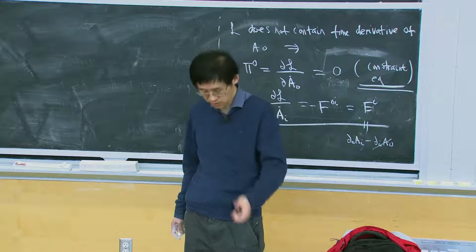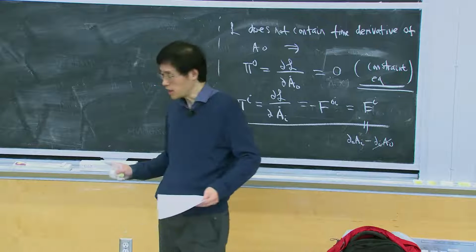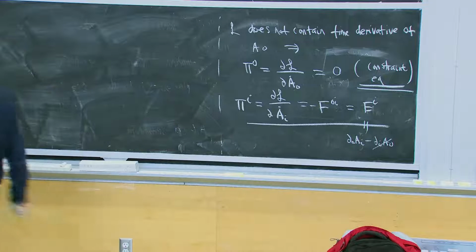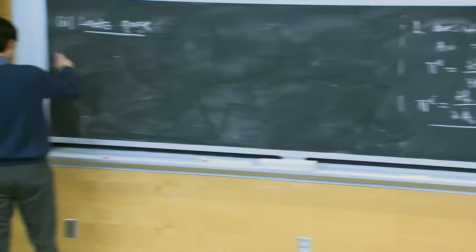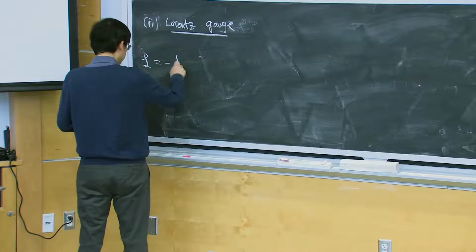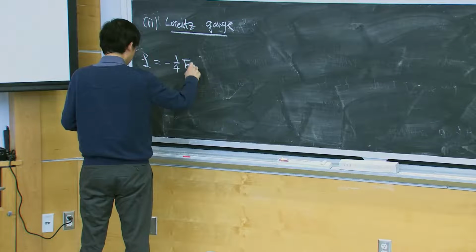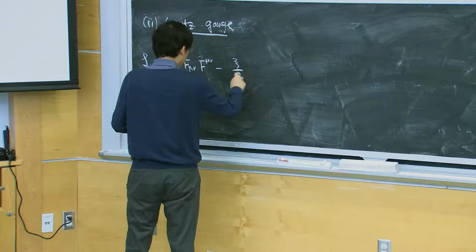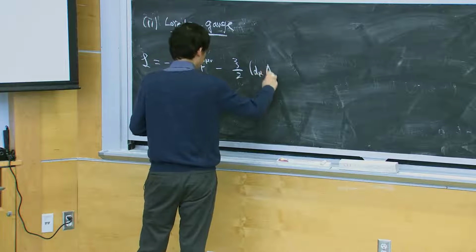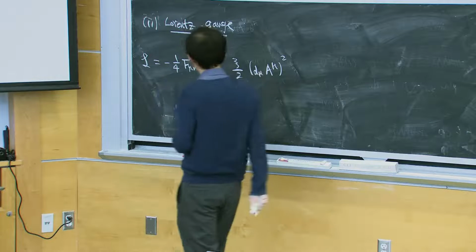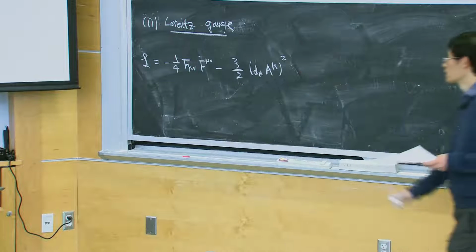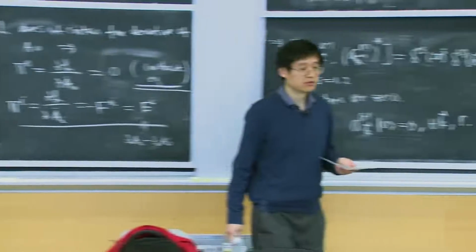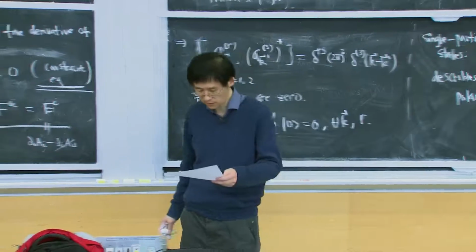So there are two things. In the Lorentz gauge, instead we will start with this action, which we say classically can be used to fix the Lorentz gauge.